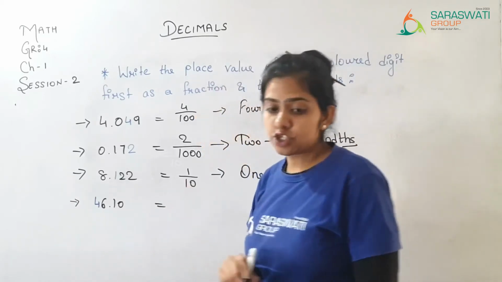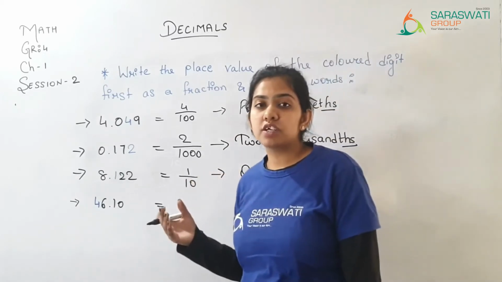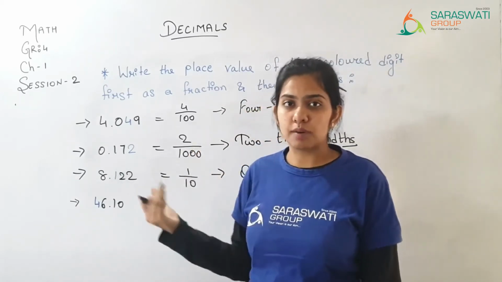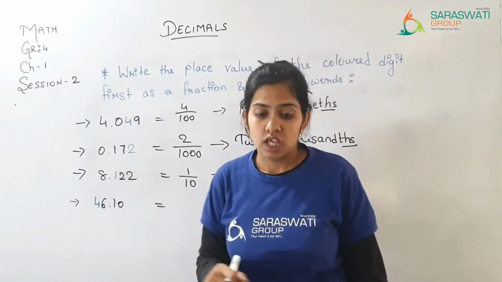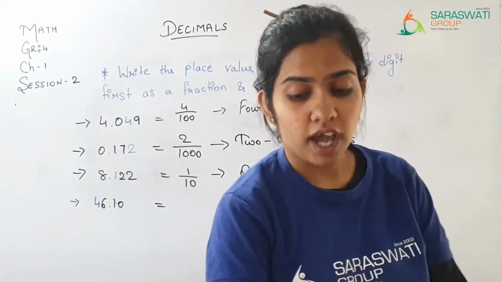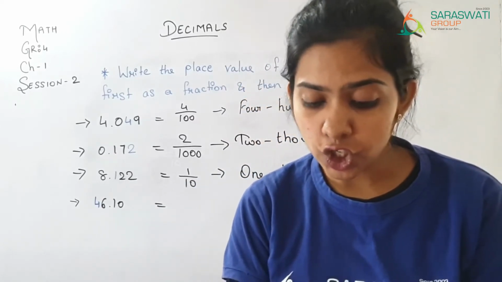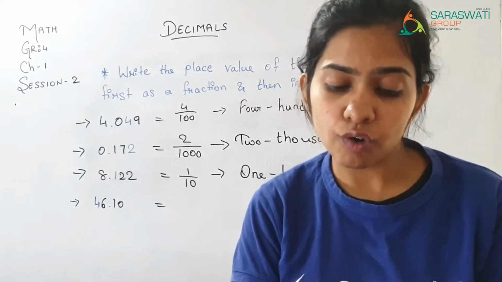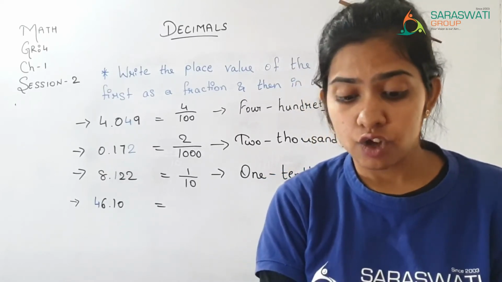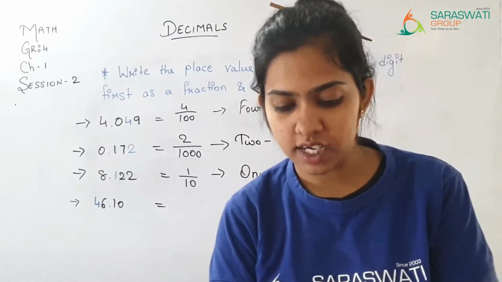In fractions it will not be possible because fractions आप कब लिखते हो? जो decimal के बाद हो तब आप fractions में लिखते हो, right? अब यहाँ पे तो 4 और 6 ऐसे ही है, तो आप कैसे लिखोगे? How you are going to write this? So you will write it as 4. वो तो whole part है. 4 जो है वो हमारा whole part है, right?